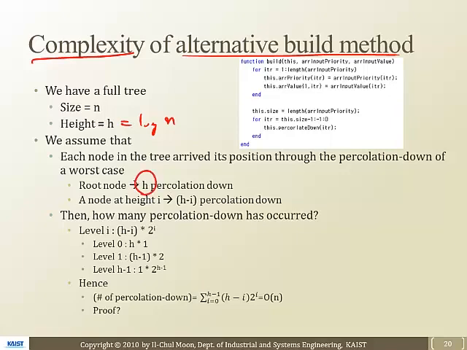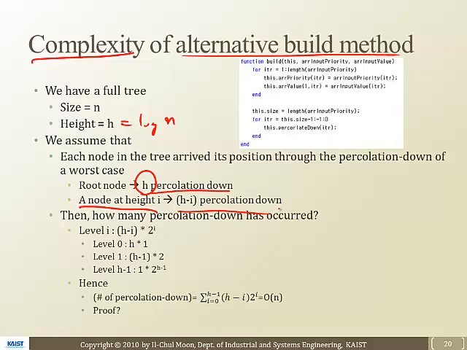So from the root node, h percolation happens. And the node at height i takes h minus i percolation down. Node at height i takes maximum h minus i percolation down.